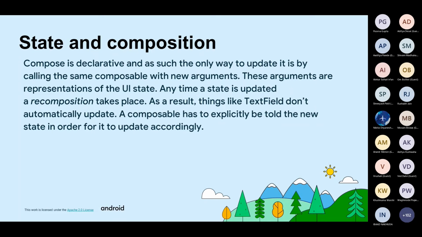A composable has to explicitly be told the new state in order for it to be updated accordingly. So in this, what they are trying to say is that the arguments are any data that has to be updated, and we have to recompose it. Recomposition has to take place for a state to update itself.